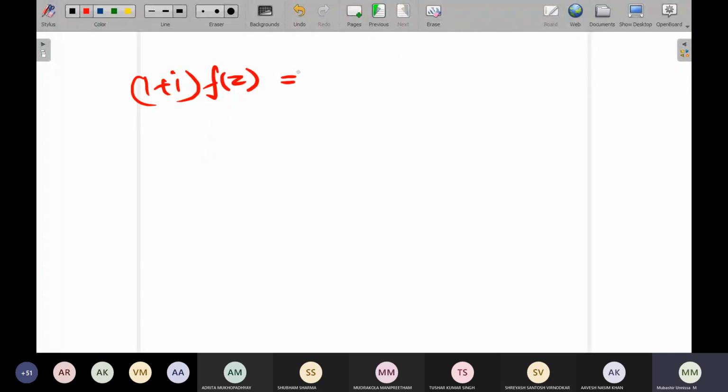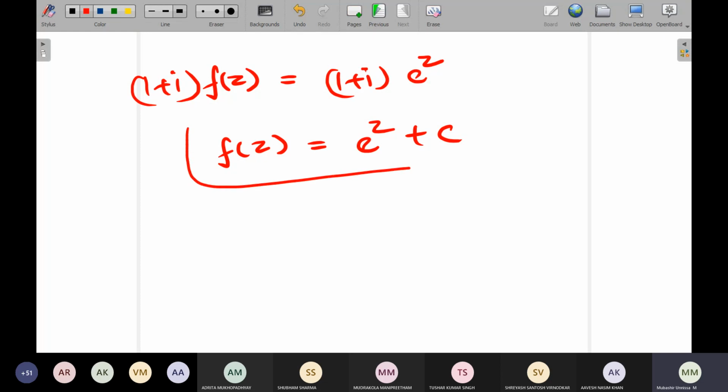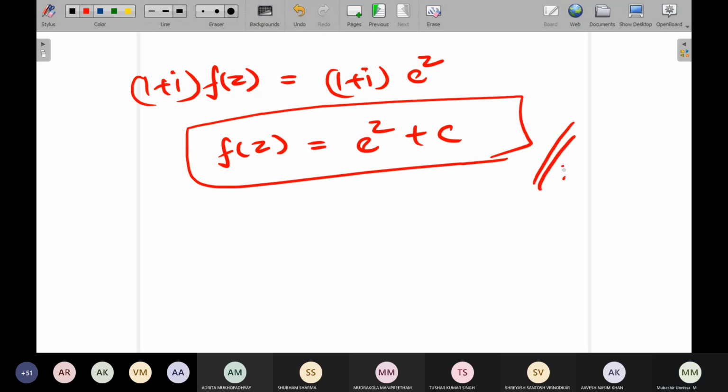Your right hand side again you can write as 1 plus i into e power z. So this will become f of z is equal to e power z plus the integrating constant c. You add it now. This is your required function.